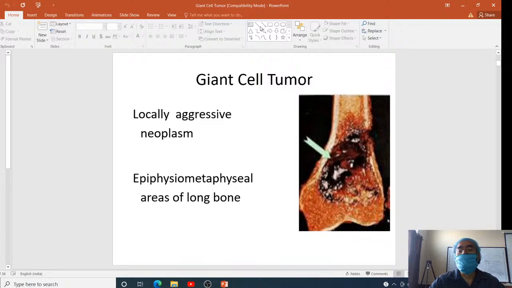Giant cell tumor usually occurs in the epiphyseal-metaphyseal junction, mostly epiphysis.